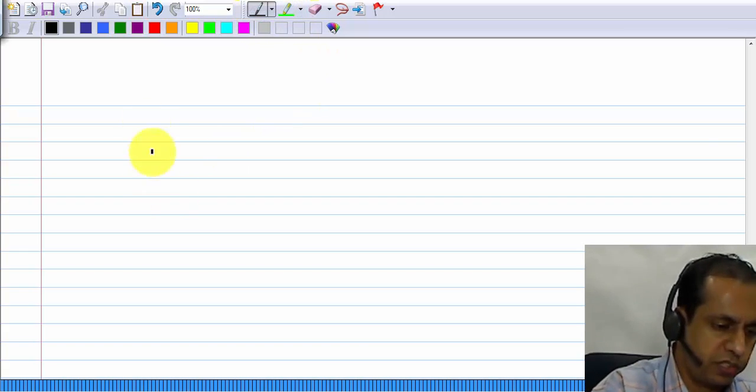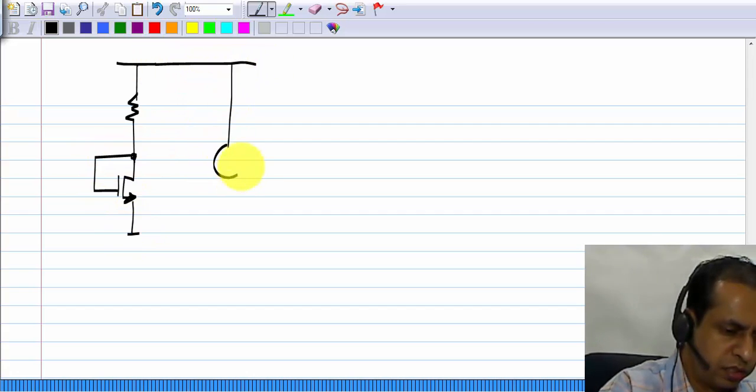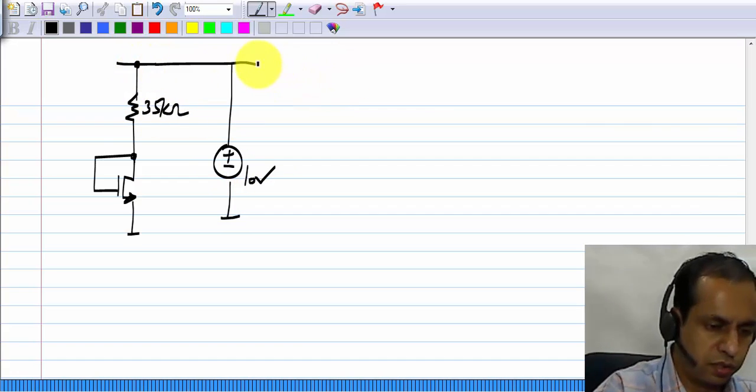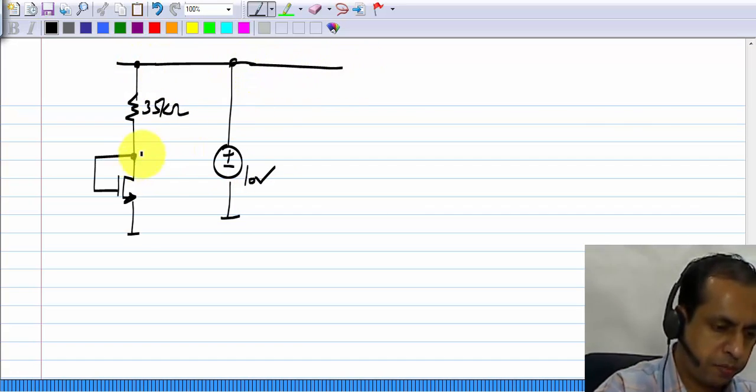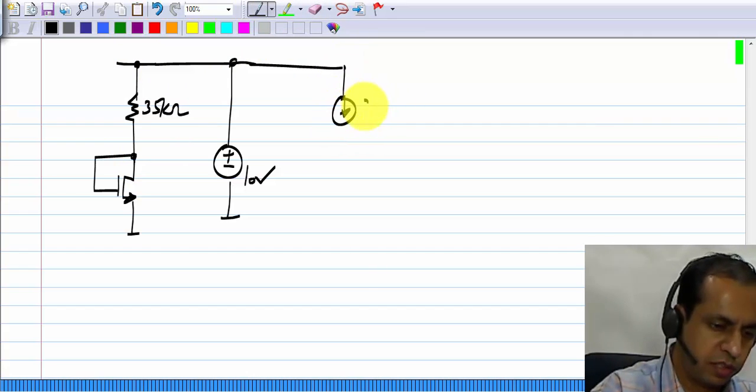Okay. For instance, let me take the circuit again. So I had a 10 volt source and a 35 kilo ohm resistor, okay, and I have my original circuit with a 200 microampere current source.